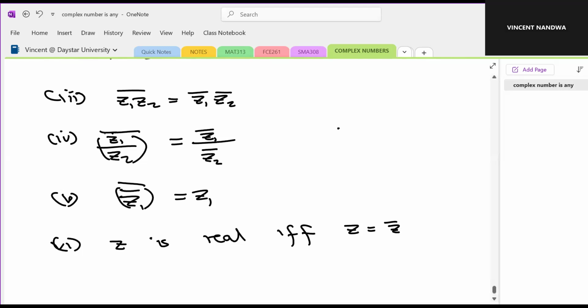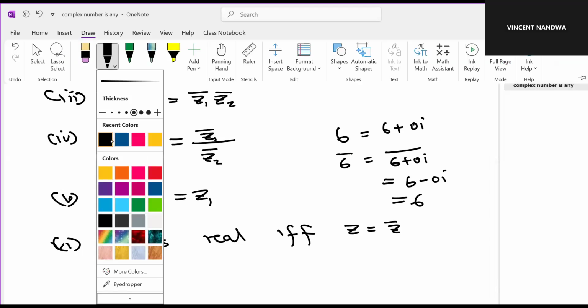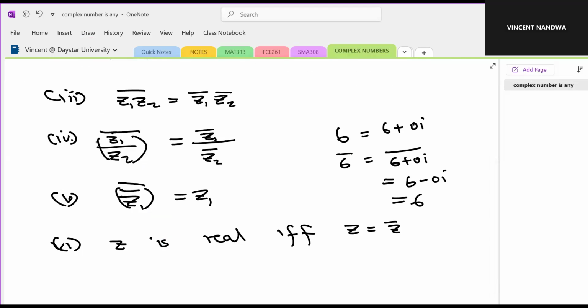So you see, a number like 6 can be written as 6 plus 0i. If you are to define the conjugate of 6 plus 0i, it would be 6 minus 0i. But minus 0i or plus 0i doesn't change anything, it remains the same 6. So when the conjugate of a number is the same as the number, then that number is purely real.